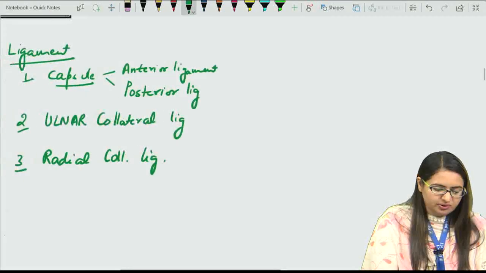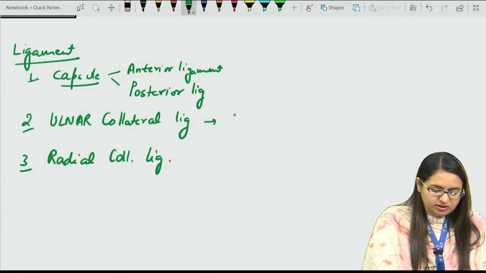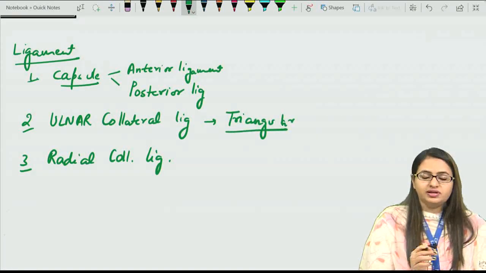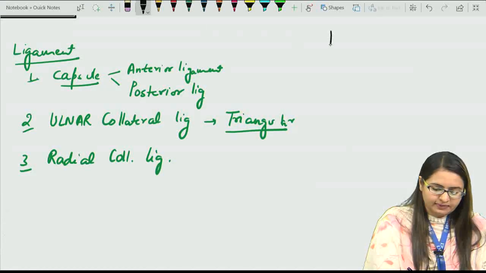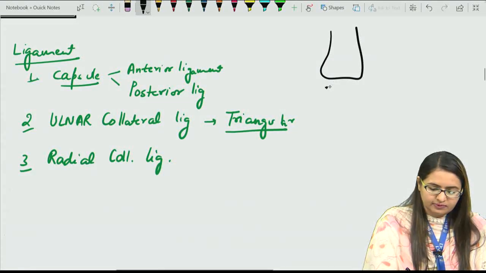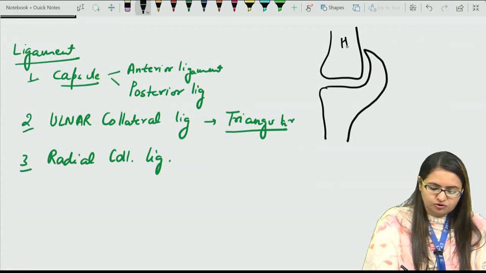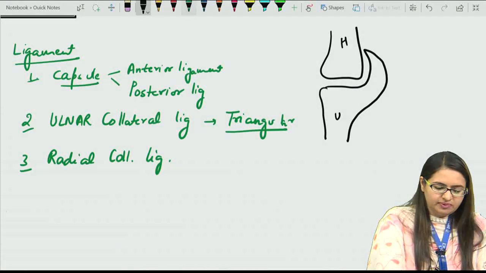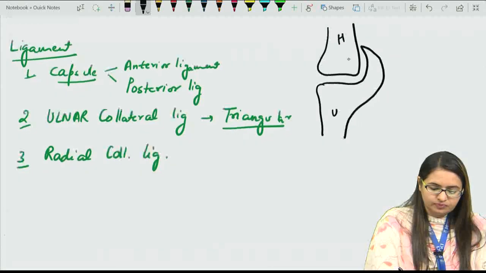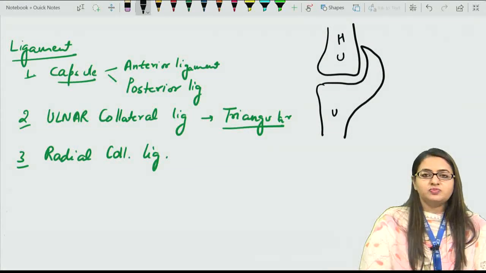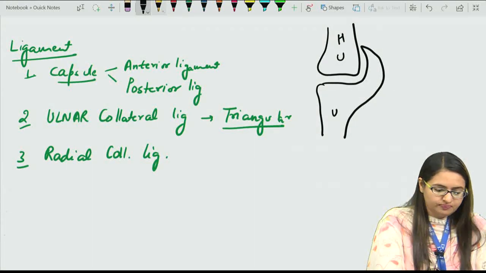The ulnar collateral ligament is a triangular shaped ligament. In this lateral view, with the humerus over here and the ulna over here, the ligament extends from the medial epicondyle.